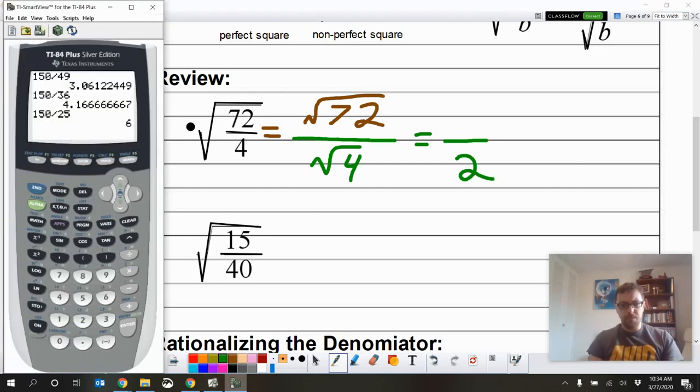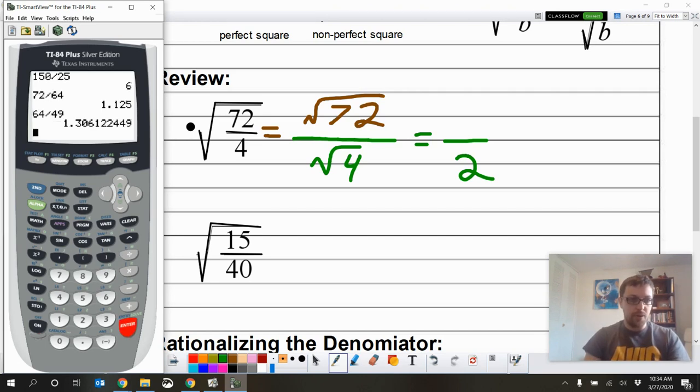If we're trying to simplify the square root of 72, we want to say, okay, well, 72, what's one that I know that's closer? 64, there can't be anybody closer than that. So 64, does that simplify it? Nope. 64 was 8 squared, so let's try 7 squared. How does that work? Nope. 6 squared, 36. How does that work?